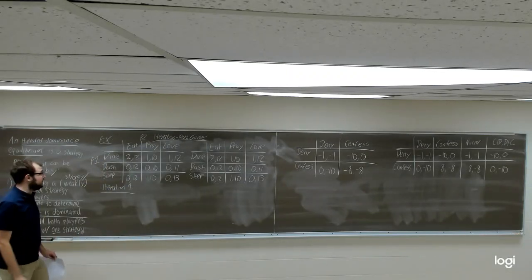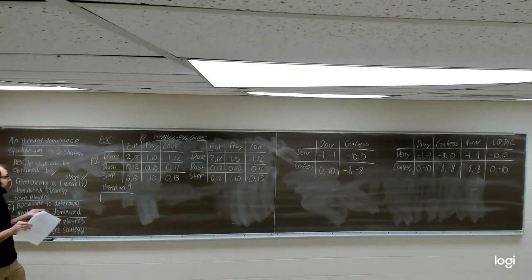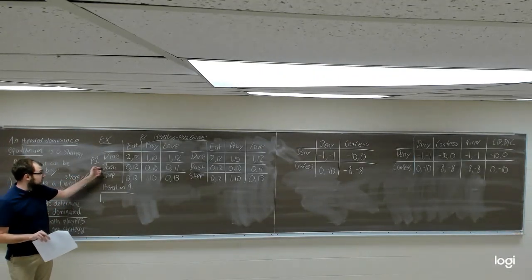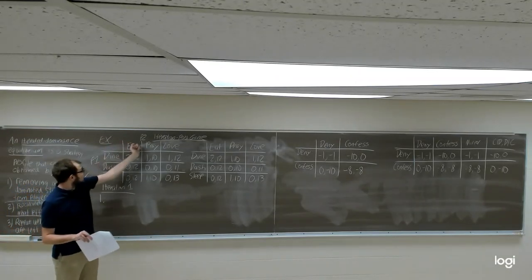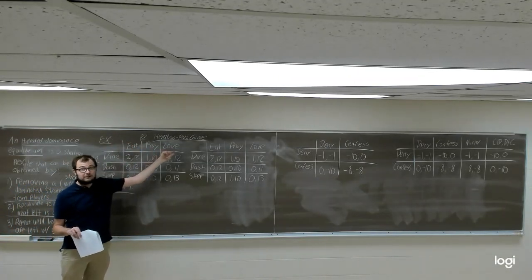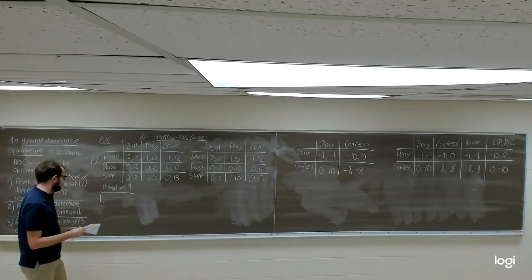If we're looking for iterated dominance equilibria, the first thing I'm going to notice is that for player 1, dash as a strategy is dominated strongly by dying, because no matter what player 2 chooses, eat, pray, or love, dying is going to give player 1 a strictly better payoff than dash.